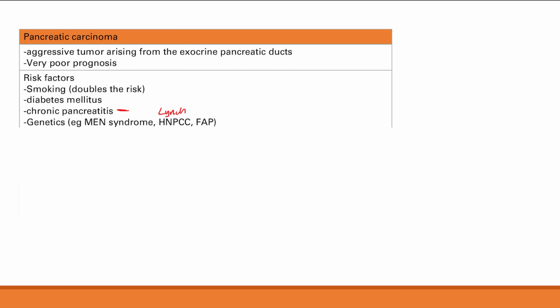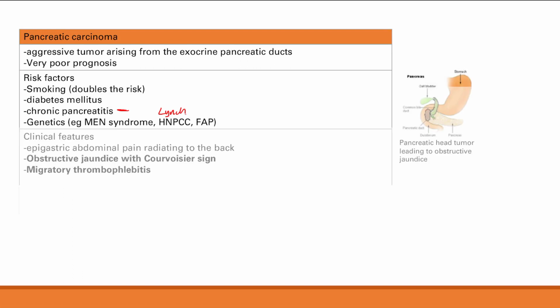So, clinical features. What were the clinical features of pancreatic carcinoma? I already told you two of them. When I told you pancreatic problems always have epigastric abdominal pain radiating to the back. And then what was the other one I told you about? It was similar to the gallbladder carcinoma. Remember I told you that obstruction of bile flow from cancer can lead to something called Courvoisier sign.